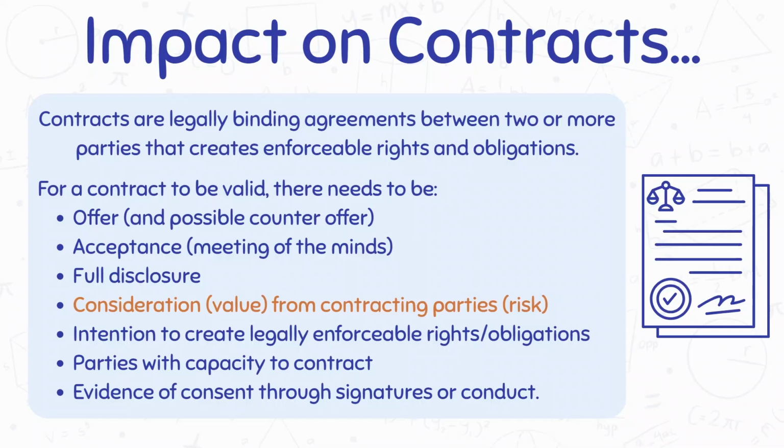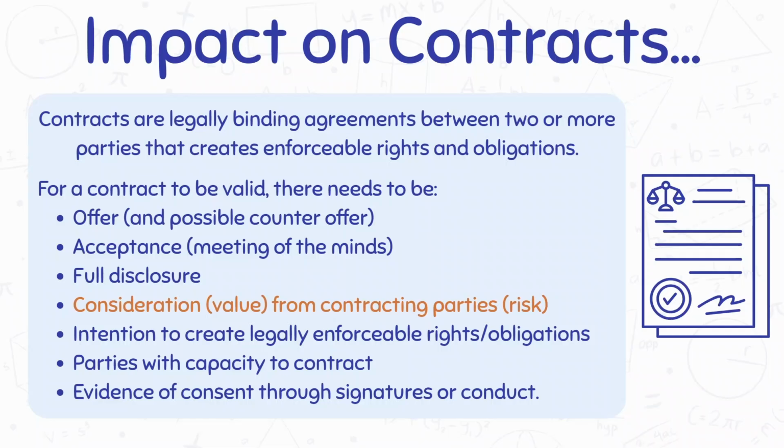There needs to be full disclosure from all sides. There needs to be consideration, so value provided from the contracting parties. This does mean that there needs to be a risk where both parties are exchanging value, which actually makes them open to risk if the other side doesn't perform on their side of the bargain.